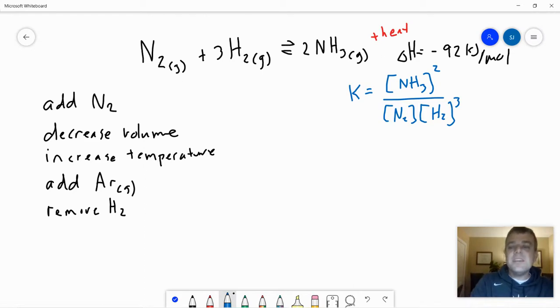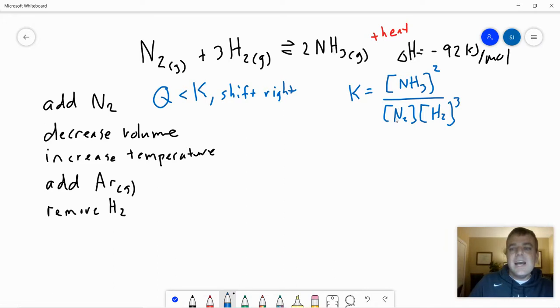If you add nitrogen, you have made Q smaller. Q is now less than K, so it will shift to the right.